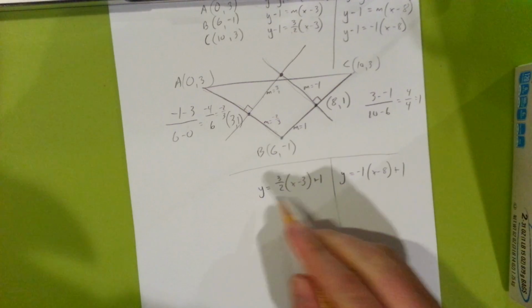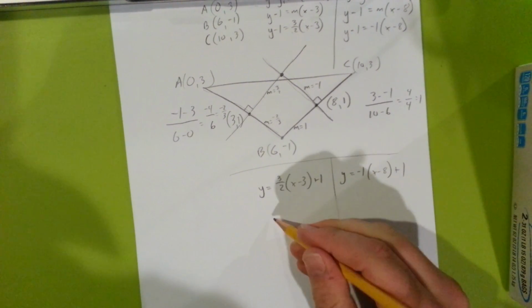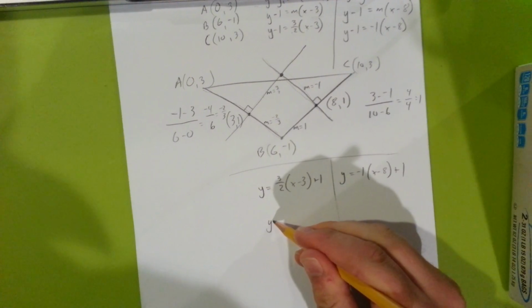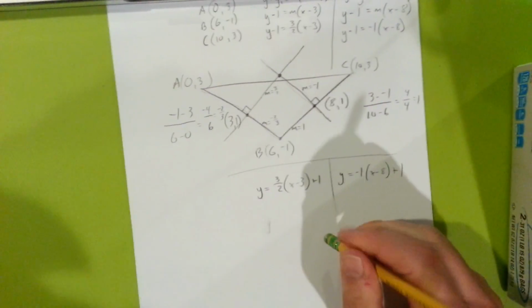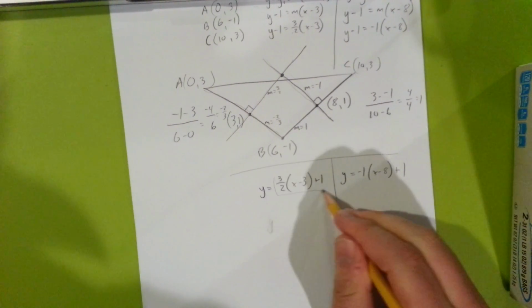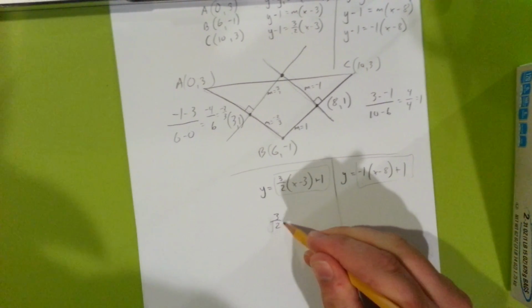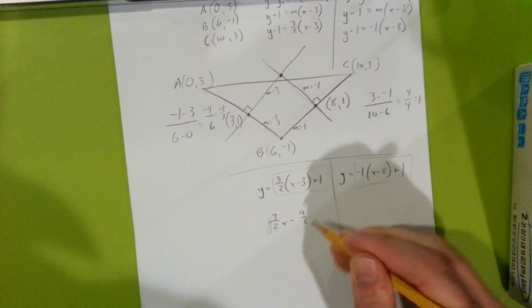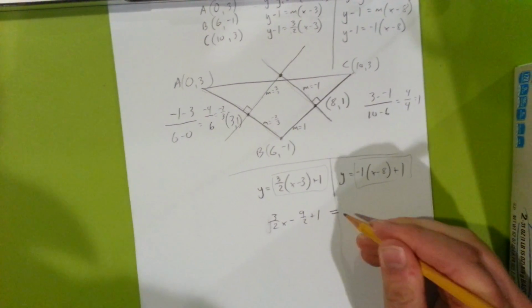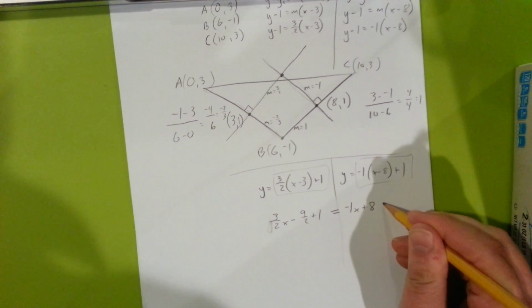Anyway, so I can set these two equal to each other. I'm going to distribute this 3/2 as well into here. Since I'm setting them equal to one another, I'm just going to set this part equal to this part. So 3 halves x minus 9 halves plus 1 equals negative 1x plus 8 plus 1.